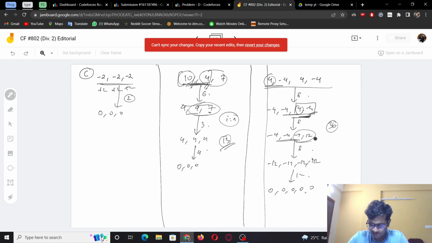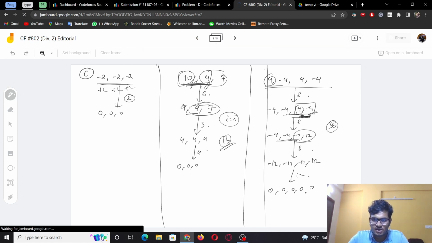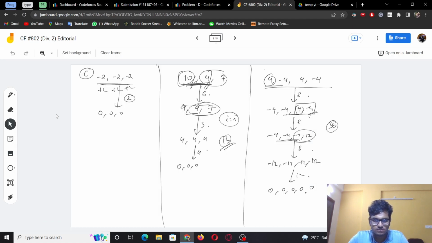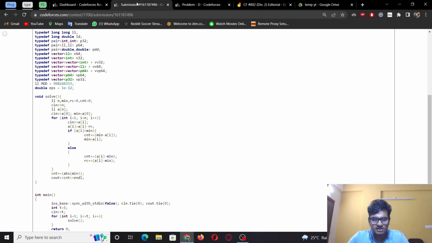And as minus 4 is becoming minus 12, we have kept a track of RC also, and that would basically do it for us. So RC would be 8 in this case, and this element gets subtracted by 8. So it's to keep track of that.